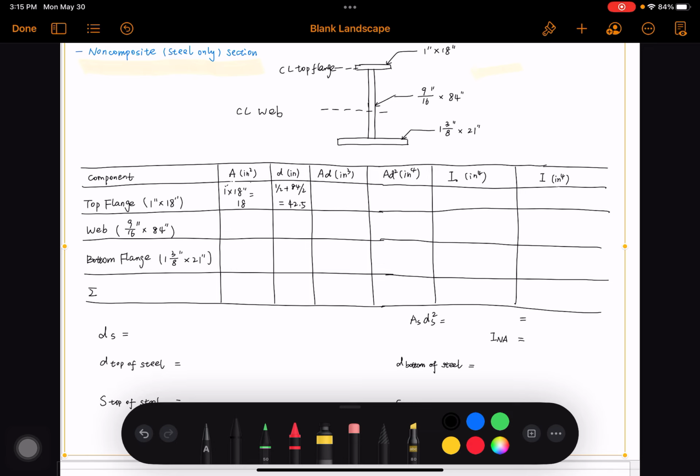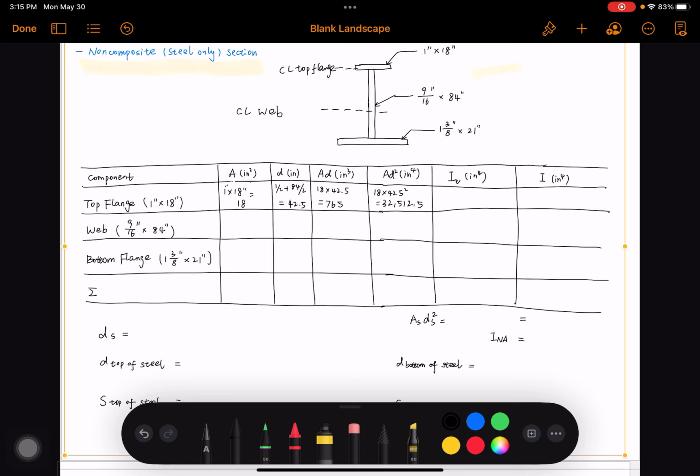And AD is simply 18 times 42.5, which is 765 inches cubed. And AD squared is 18 times 42.5 squared, which is 32512.5.